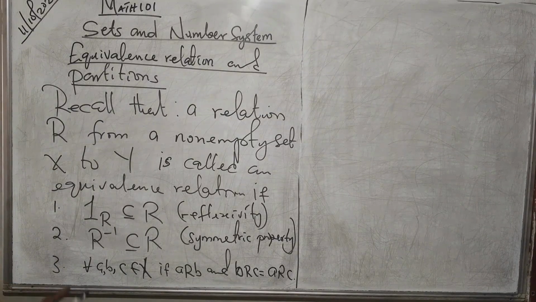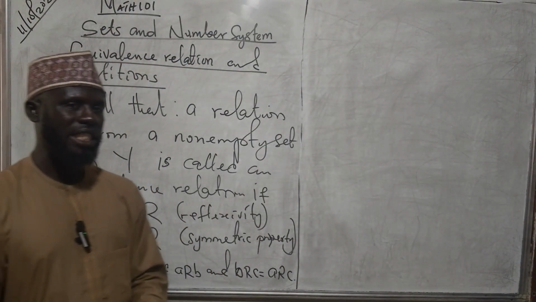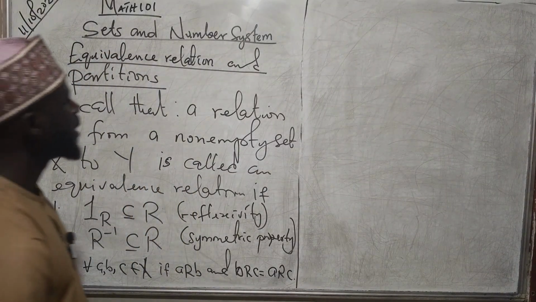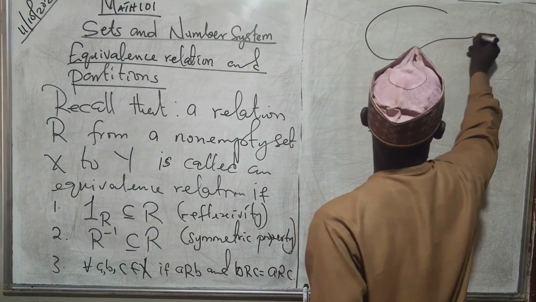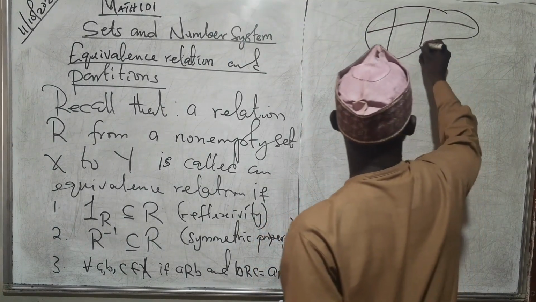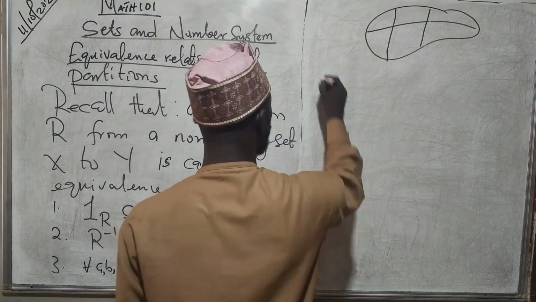And what does an equivalence relation do? An equivalence relation induces a partition on a set. So what this relation does is it partitions a set into equivalence classes.